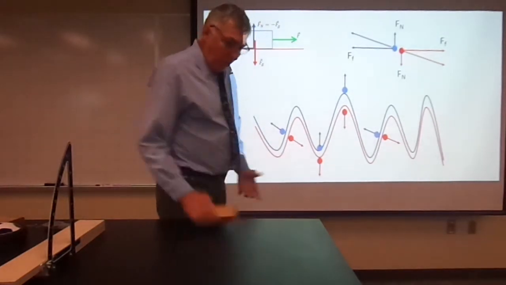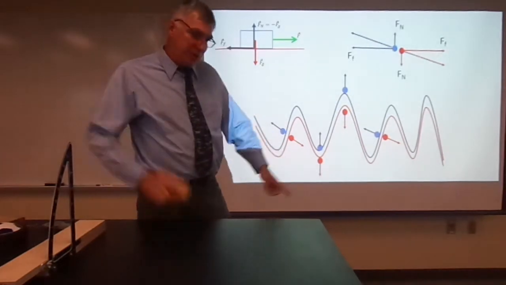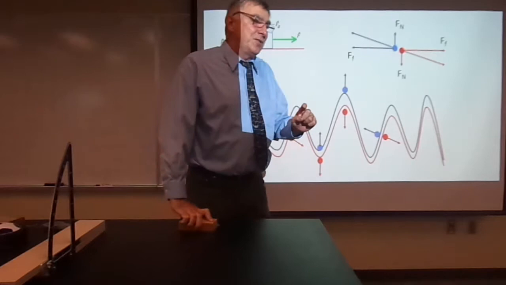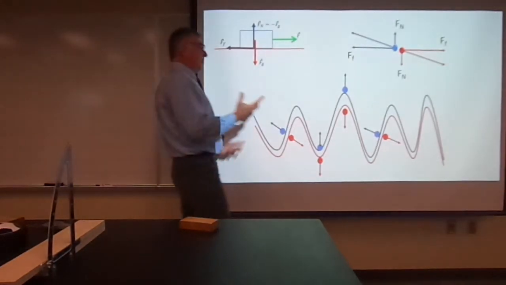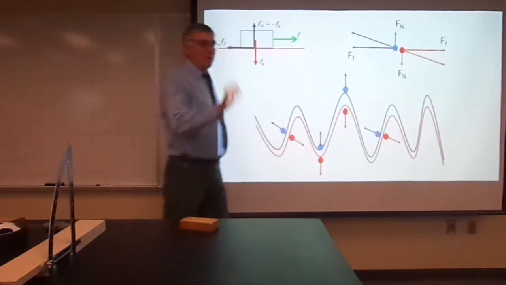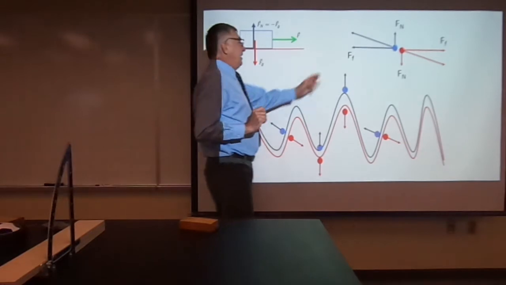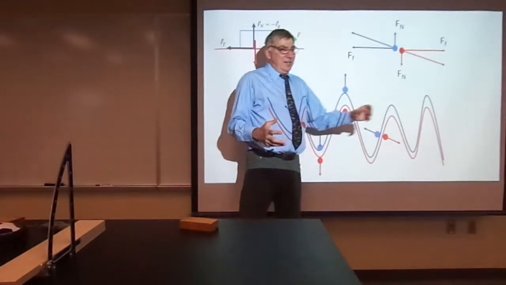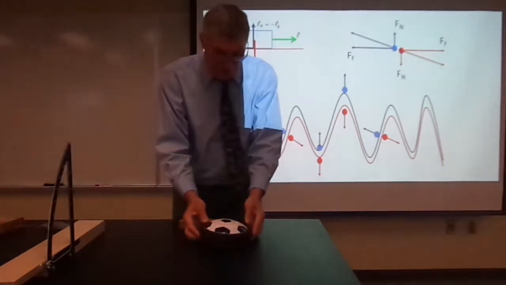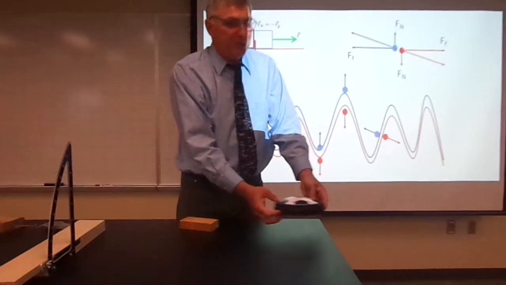If I have enough grip, I can probably pull the whole table just by pushing on the block without touching the table, because of the interlock, because of the two friction forces acting along the surface. They are perpendicular to each other, but they are related to each other. Floating hovercraft, no friction force.